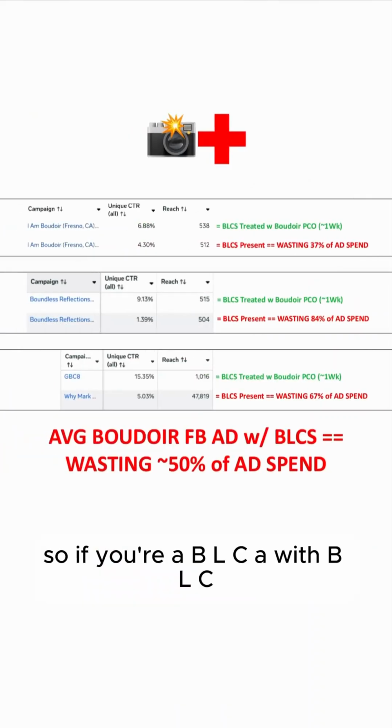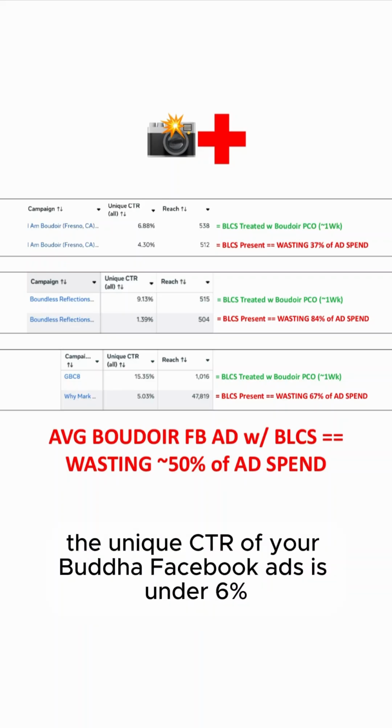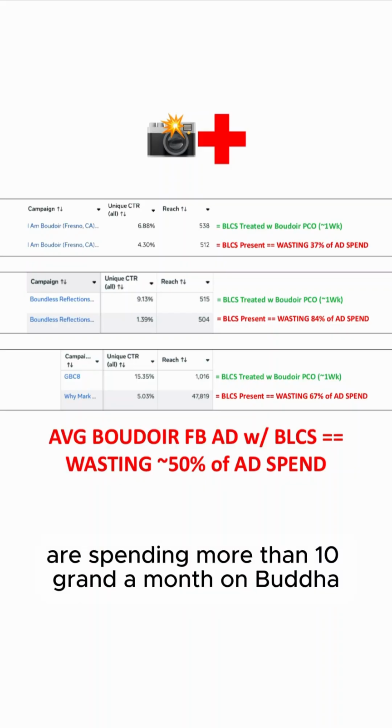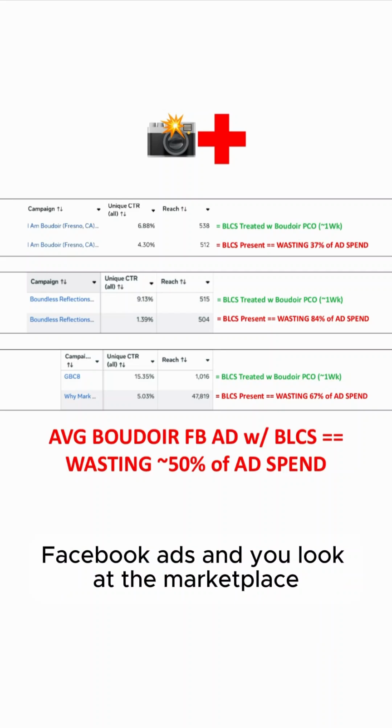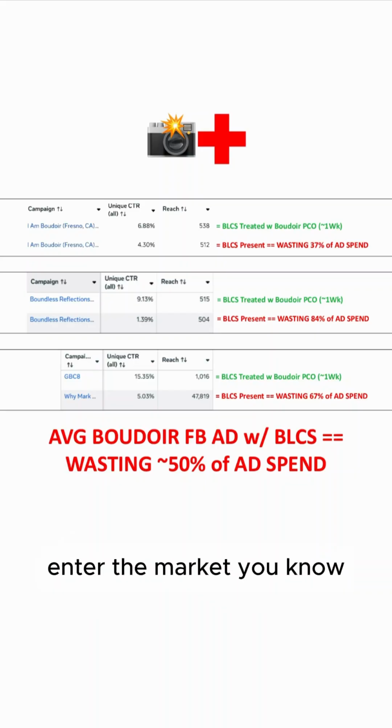So if you're a BLCA with BLCS, a Boudoir low click advertiser with Boudoir low click syndrome, the unique CTR of your Boudoir Facebook ads is under 6%, and you are spending more than 10 grand a month on Boudoir Facebook ads, and you're looking into the marketplace, seeing more and more boudoir photographers enter the market, seemingly every day.